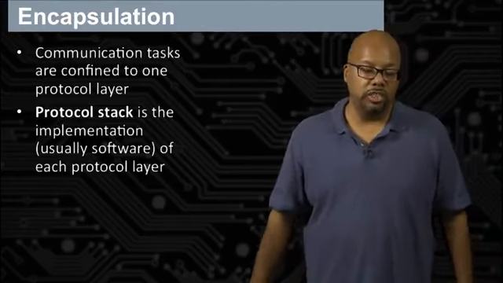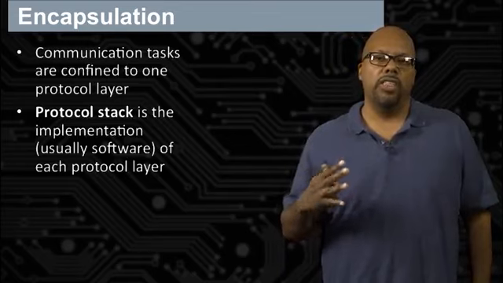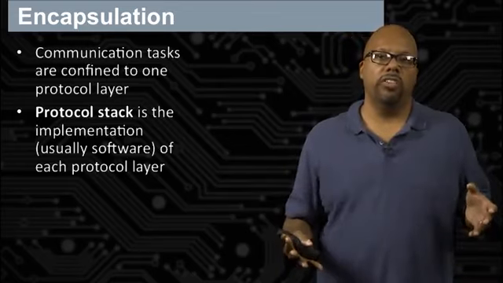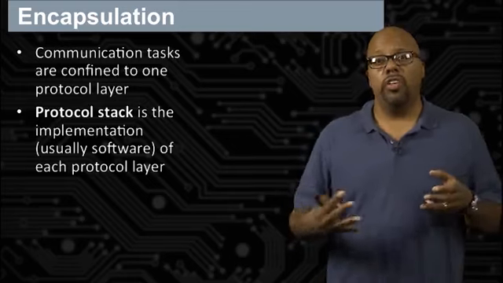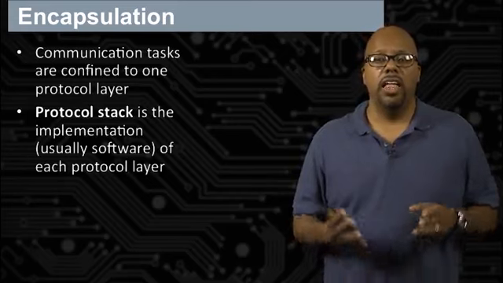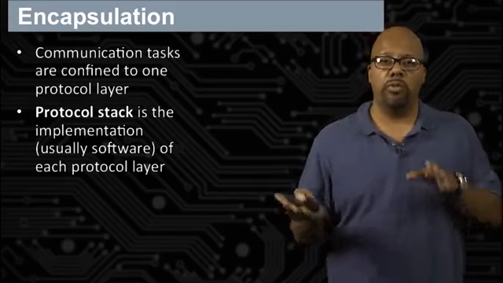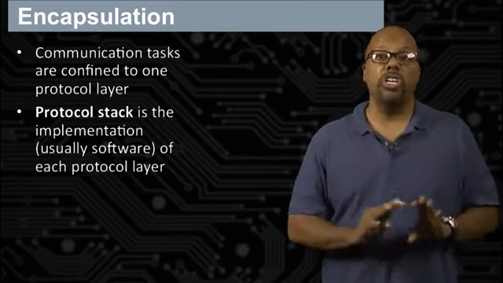Now, encapsulation is used to mean that the protocols are separated from one another in some sense. Each protocol layer is separated. All these different tasks that need to be performed, say routing, are mapped to a particular layer. That is performed by the protocol at this layer, and other layers do not have to deal with it.